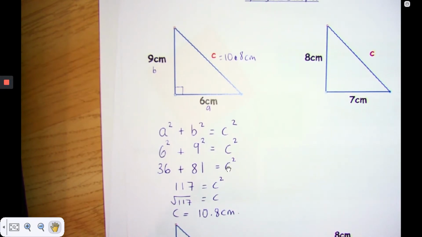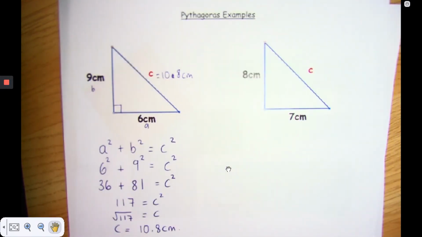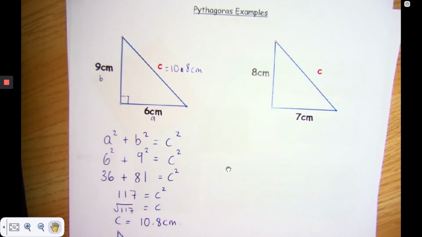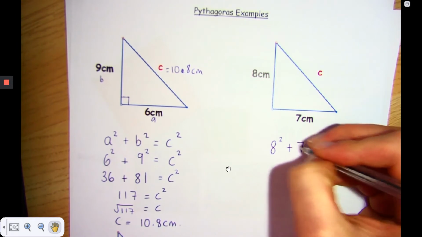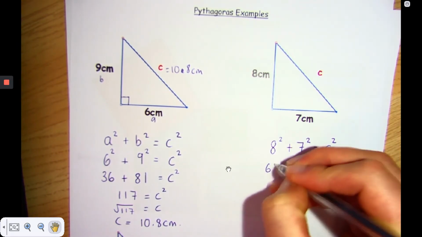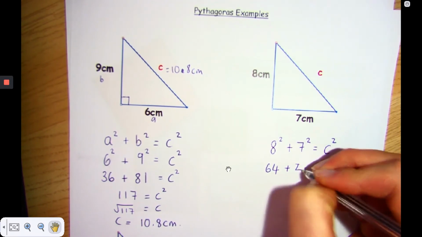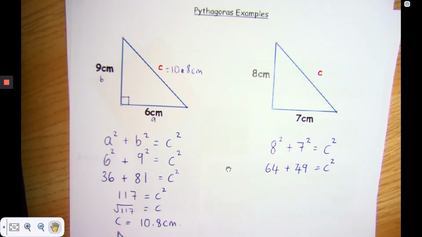Let's do one more. So we've got an 8 and a 7 side this time. So 8 squared add 7 squared is equal to c squared. So we've got 64 plus 49 equals c squared. Now if we add those together, we get 113, which is c squared.